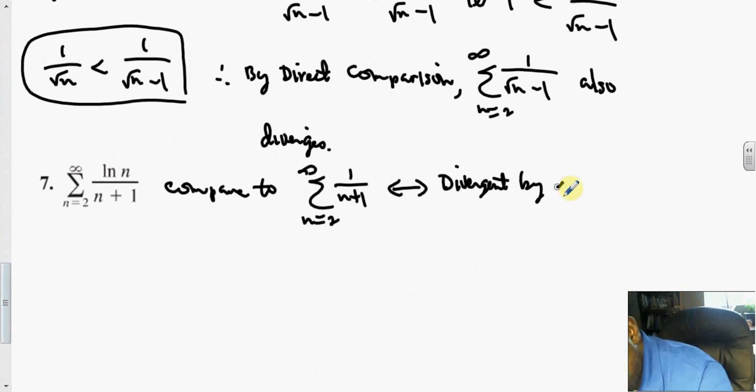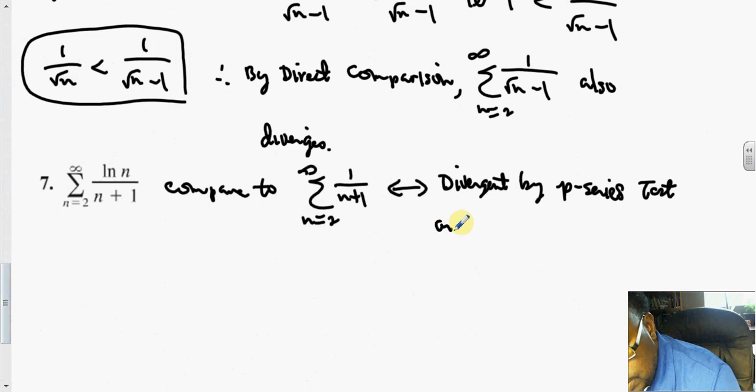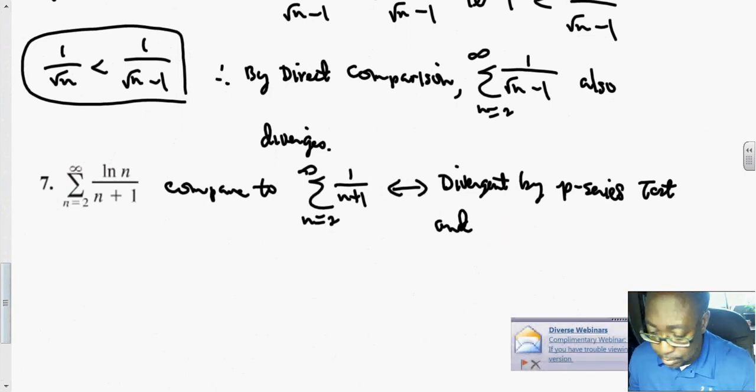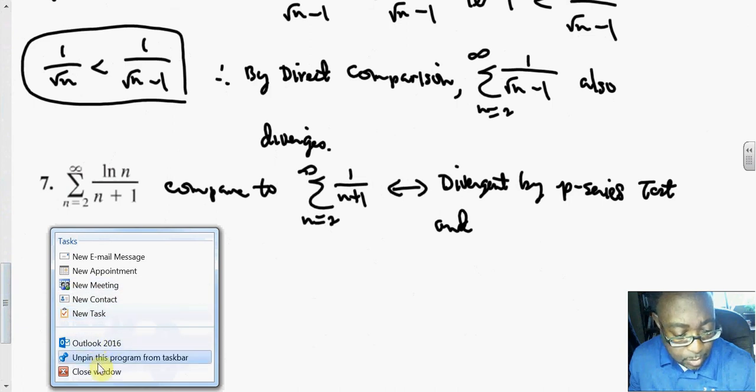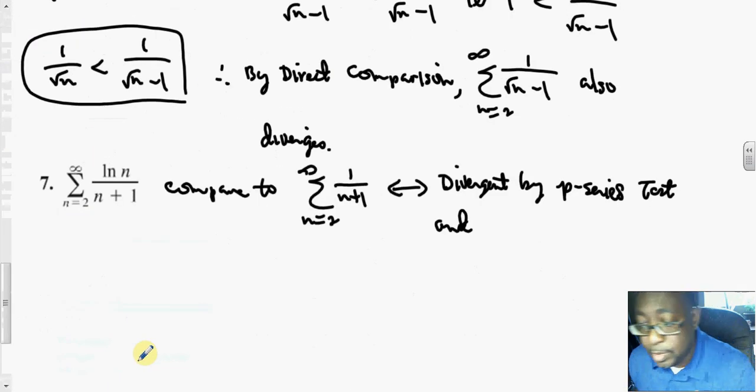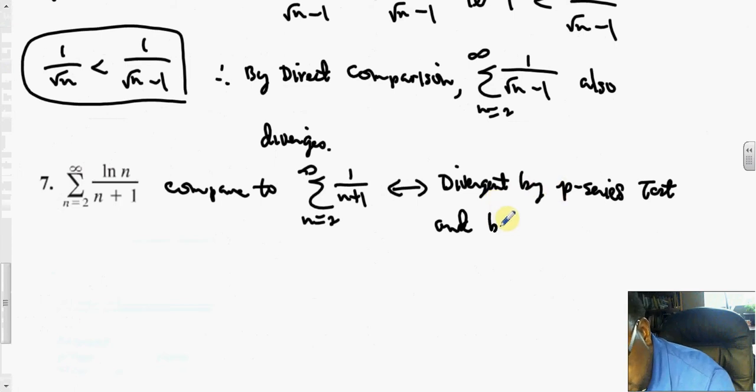So this is divergent by the p-series test and by the integral test.